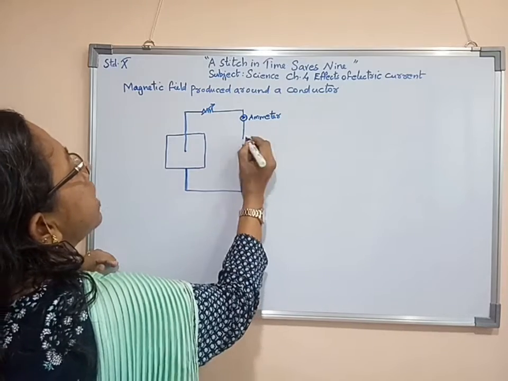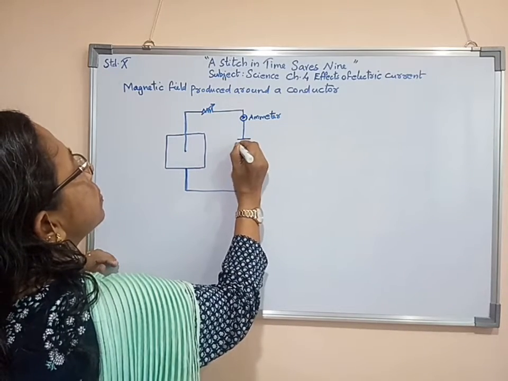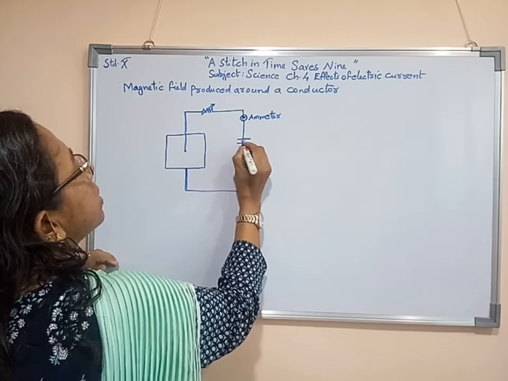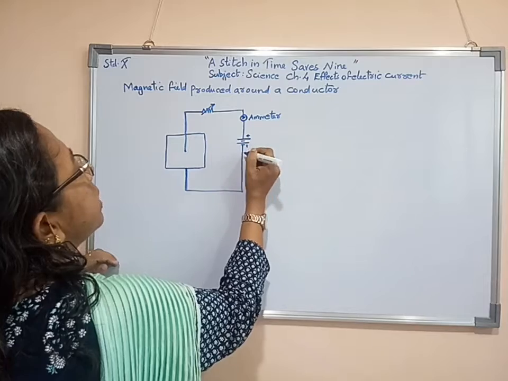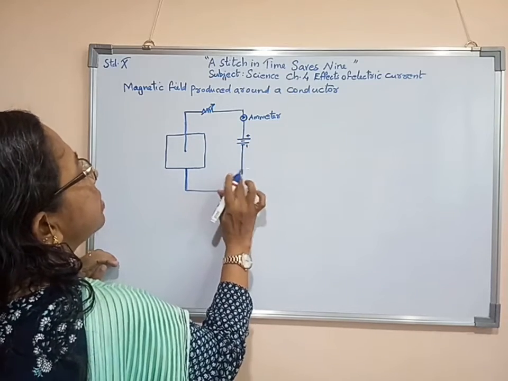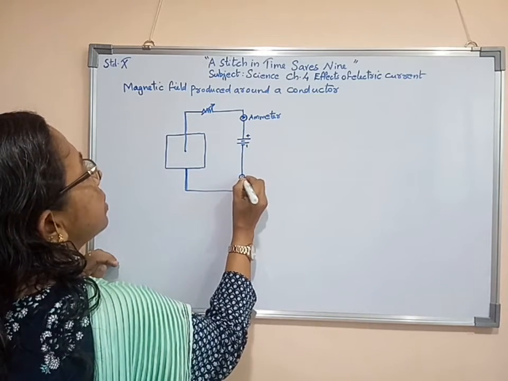Then afterwards a cell connection I am doing. Two cells I am connecting. This is the positive terminal, this is the negative terminal. Afterwards I am connecting the key.